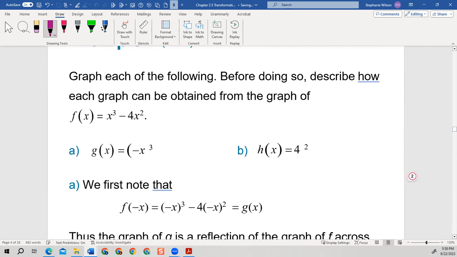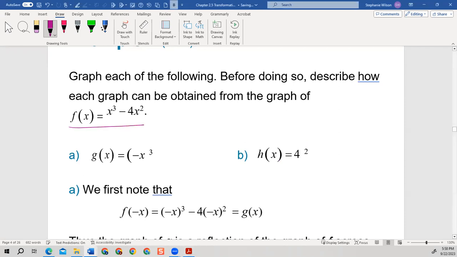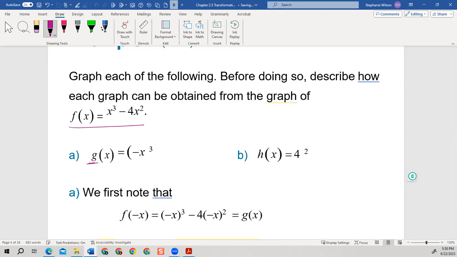So now let's do our examples here. It says graph each of the following, before doing so, describe how each graph can be obtained from the graph. So you'd graph it and then we're going to see how it's obtained from the graph. And we're given here f of x is equal to x cubed minus 4x squared. So we're going to rename it. We're going to call it g because we're going to make changes.